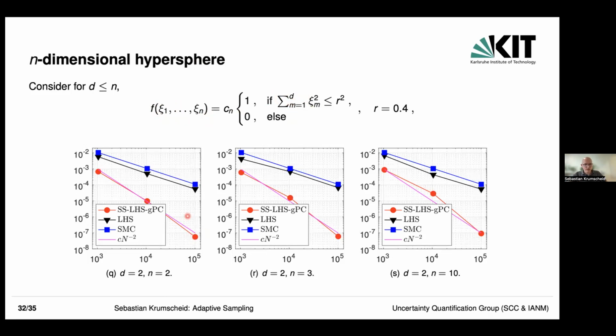Okay. So then, for example, if you're looking at this 2-dimensional problem, where also the full norm squared, the full sum over all elements, is here, we see a qualitatively similar behavior as before. And in the next plot, we have a 3-dimensional random input, but the discontinuity is only in a 2-dimensional subspace.